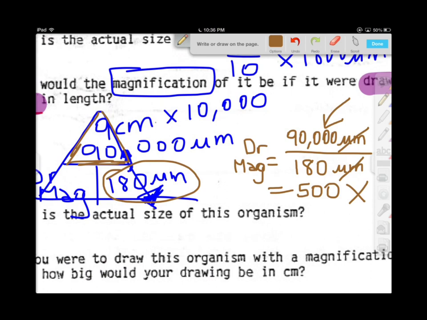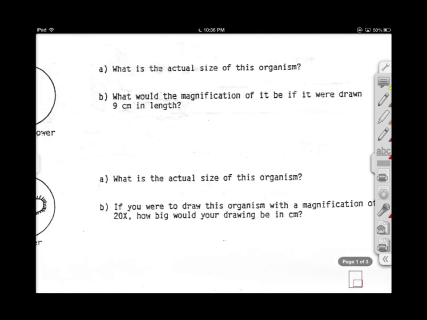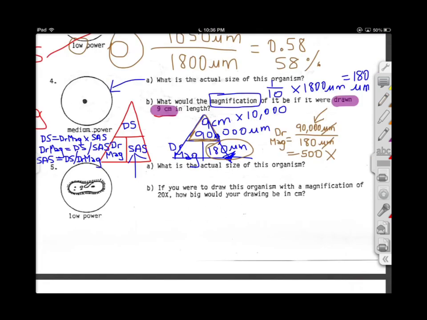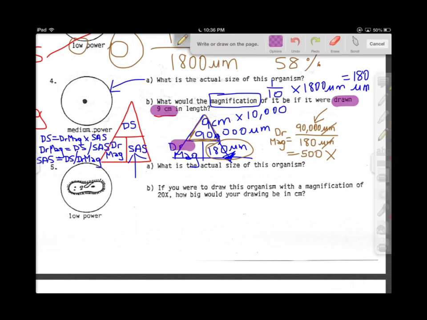So now we know the rest of the story, which is what kind of magnification was introduced when you drew it larger. In a question like that, if it says anything about draw and it asks about magnification, it's asking you for the drawing magnification.